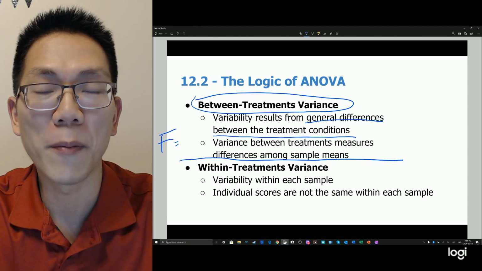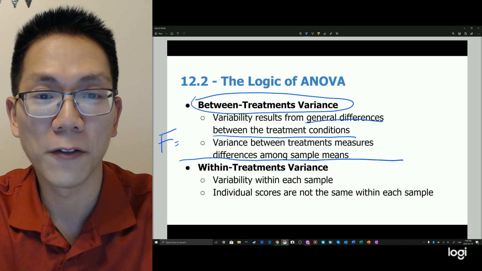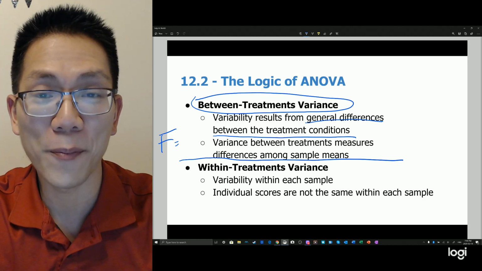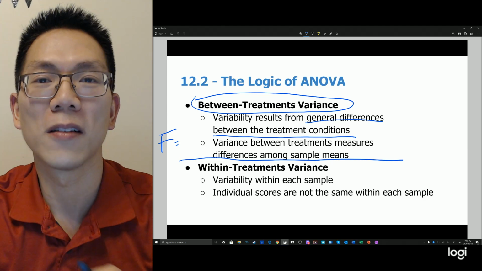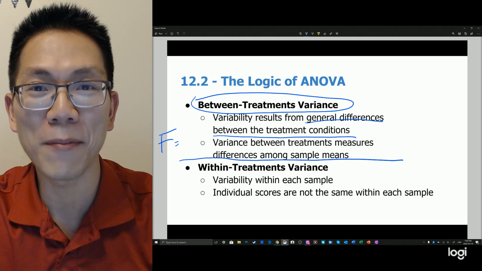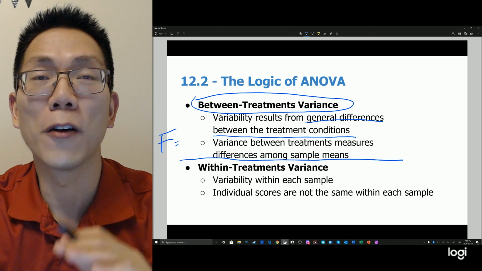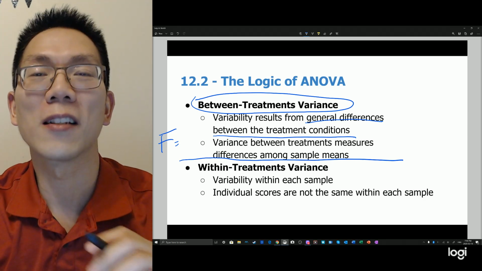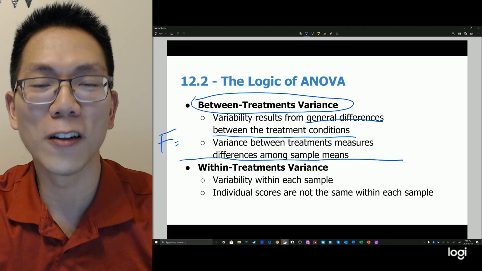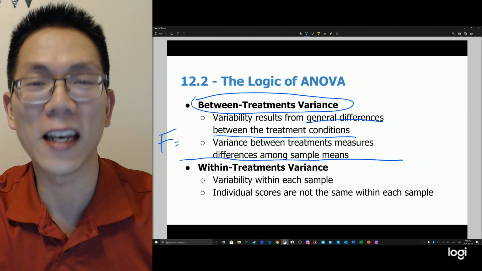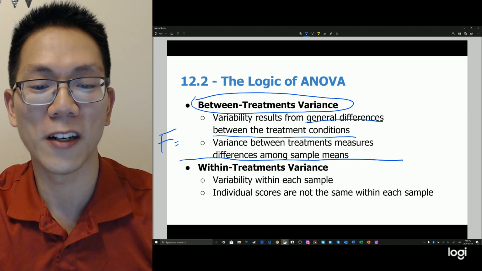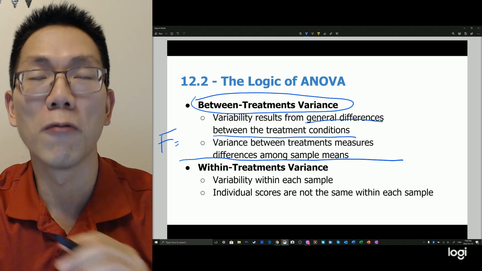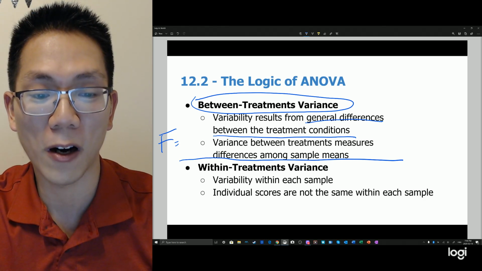Remember the factors we had: types of therapy and the time they were tested, either before the therapy, after the therapy, or 6 months after the therapy. You can look back on the previous slides in the last parts of the video to think about what the differences between groups are.